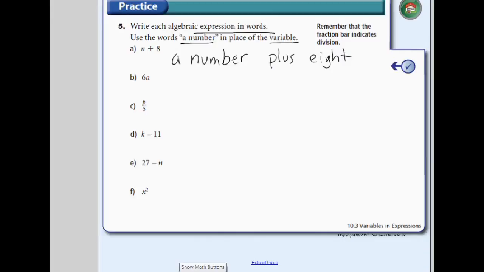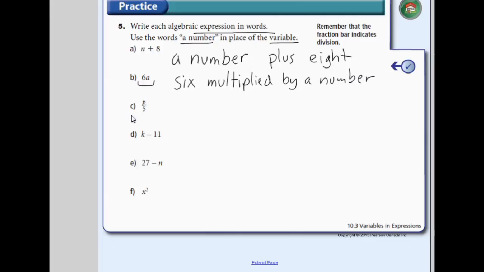That would work. Next one, 6a. That means, as I just told you, 6a is 6 times a, or 6 multiplied by a number.